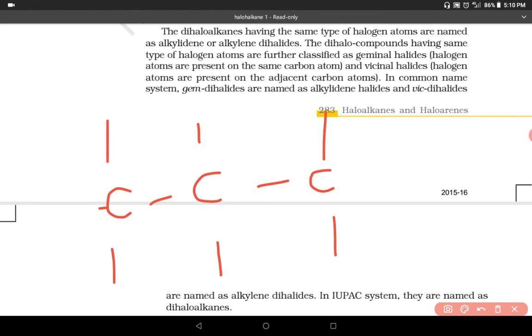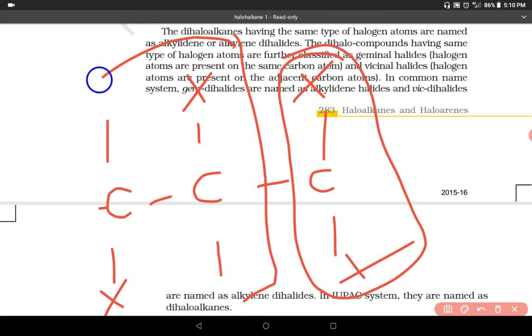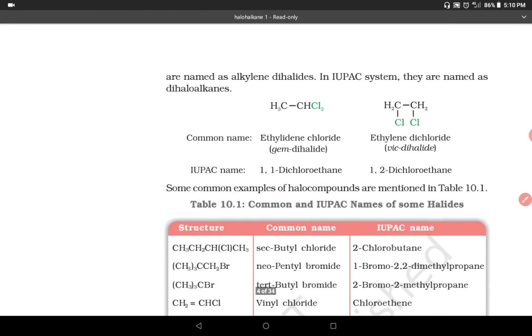If the halogen is attached to the same carbon, dihalogen atom only, not tri or tetra, then it is called geminal halide. Here halogen is attached to the same carbon, but if it is attached like this, then this is called vicinal dihalide. I think you are clear with it.